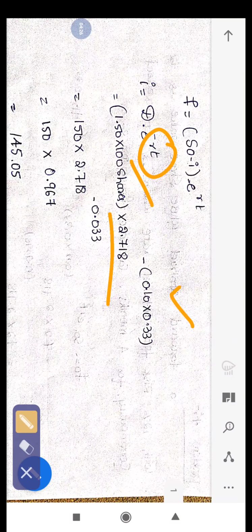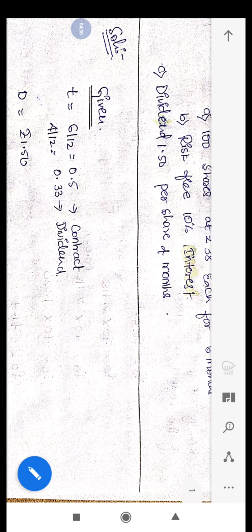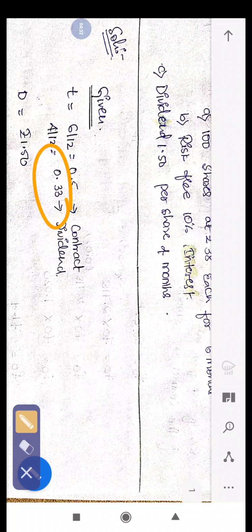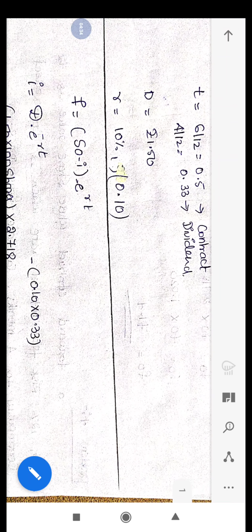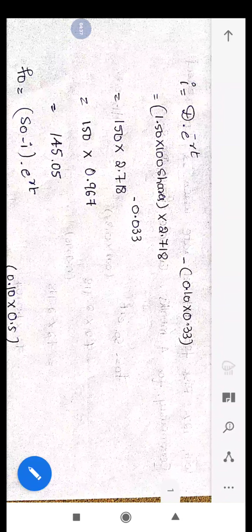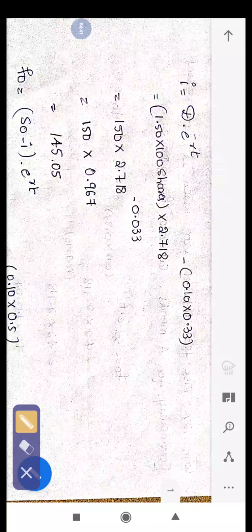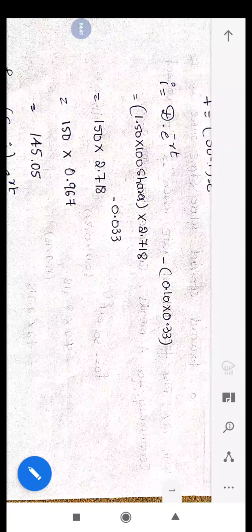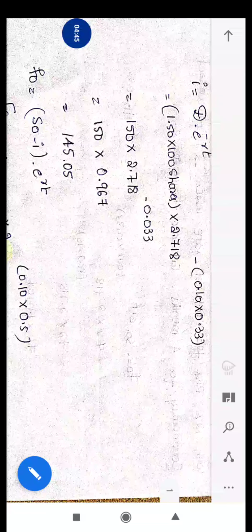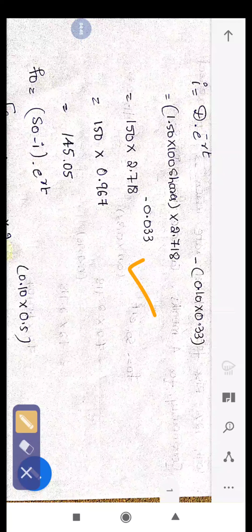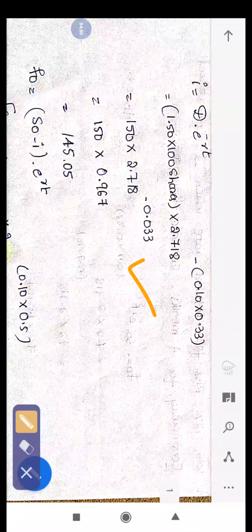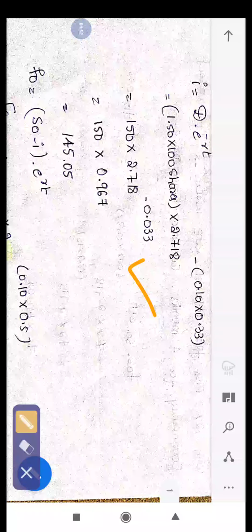Rate of interest is 0.10, and the maturity we have calculated is 0.33. So 0.10 into 0.33 will be 0.033. As it has minus value, we have to take minus.